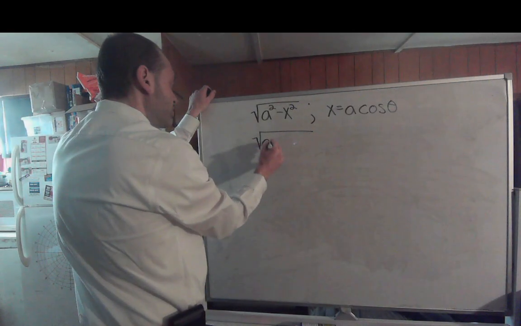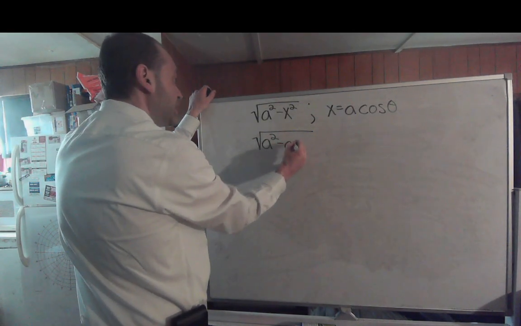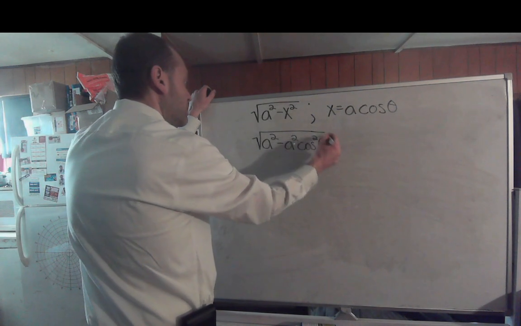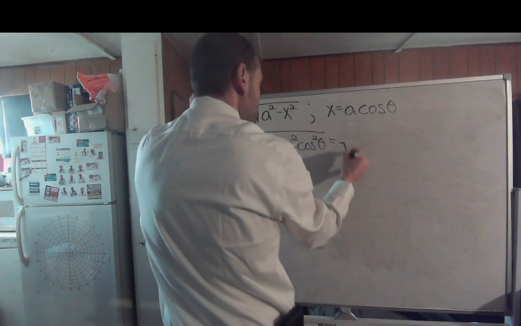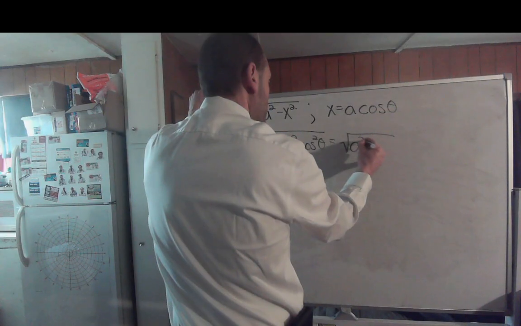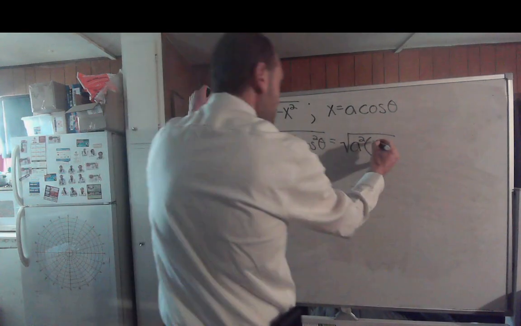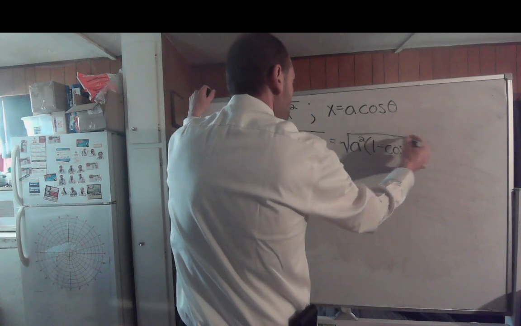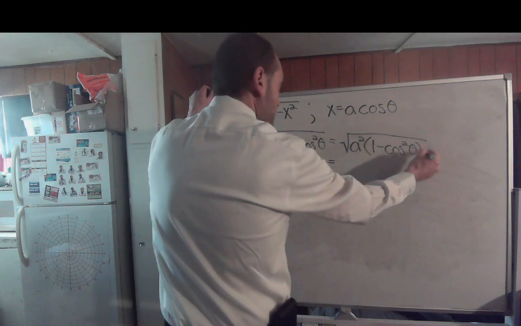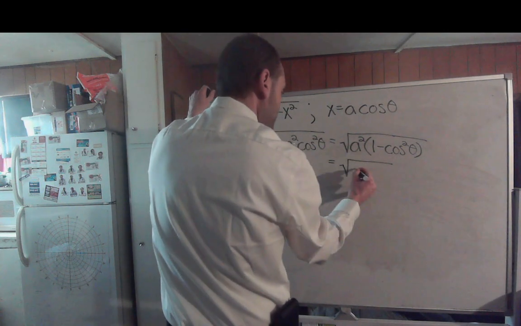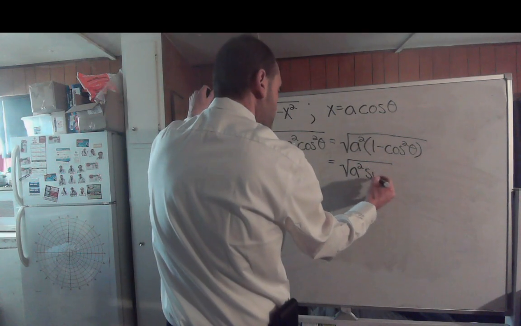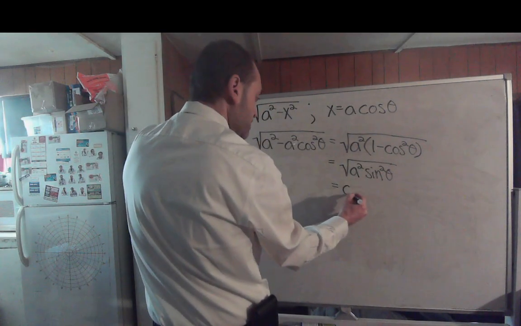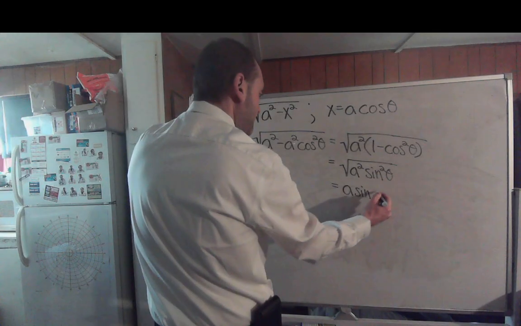You'll get the square root of a squared minus a squared cosine squared of theta, which would factor into the square root of a squared times the quantity of 1 minus cosine squared of theta, which would end up giving you the square root of a squared sine squared of theta, which the square root of all that would just be a sine of theta.